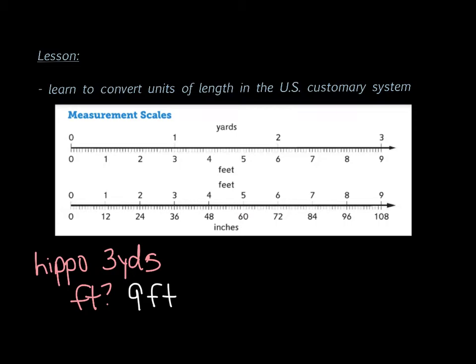So now let's look at a different problem. If the length of a coyote is 3 feet, so coyote, which is not my favorite animal because they like to eat chickens, but let's say it's 3 feet, and we want to try to figure out how many inches is that. So can we use the scale for that particular problem? Can you find feet and inches?